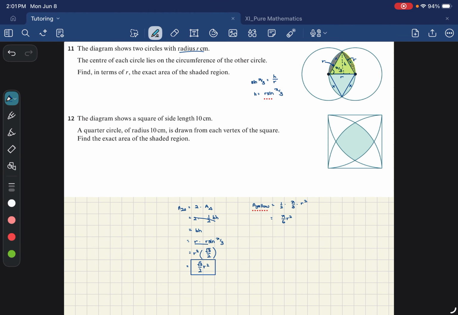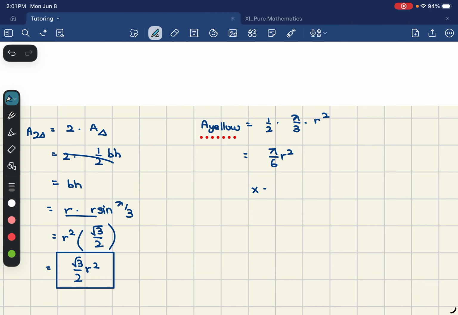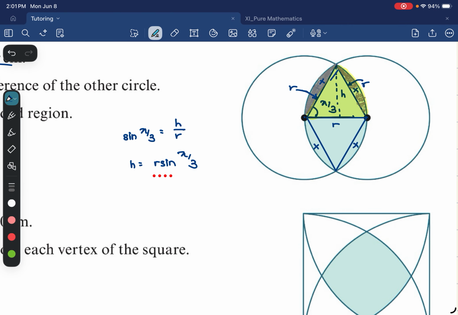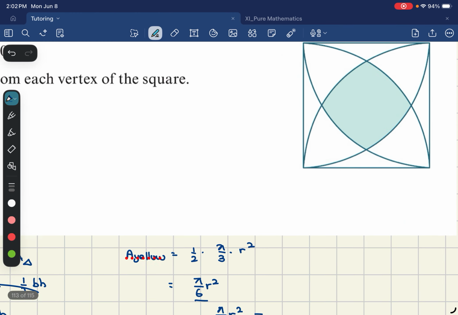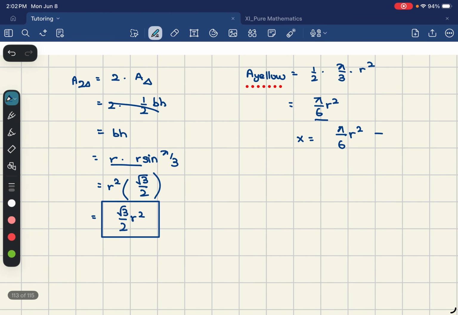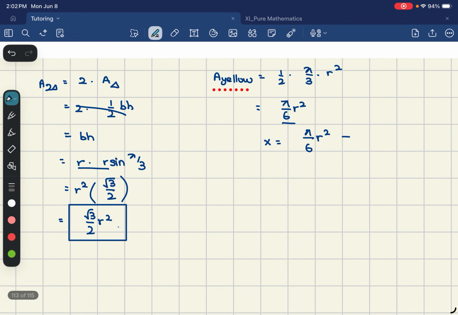But remember, that is the entire yellow part. I just want to find x. So x is just going to be the area of the yellow part, which is this, minus the area of the triangle. So if I subtract this outside away from the yellow part, I'm going to get x. So the area of the triangle, if the area of two triangles is this expression, then the area of one triangle is just going to be half, right?